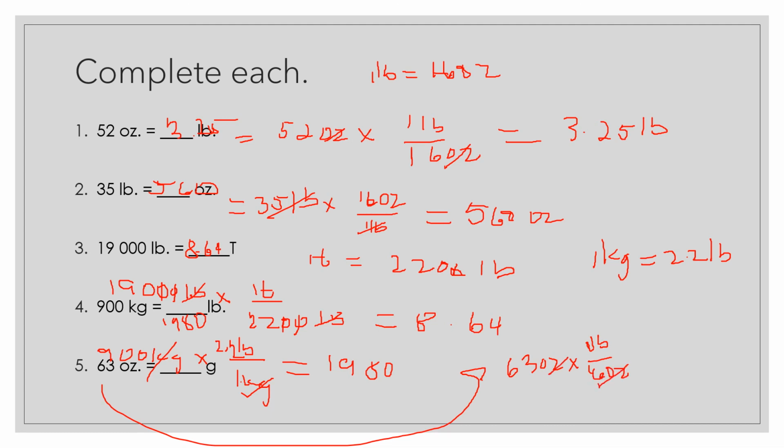So, cancel natin to. That means 63 divided by 16. The result is 3.9375, okay? So, 3.9375 pounds.